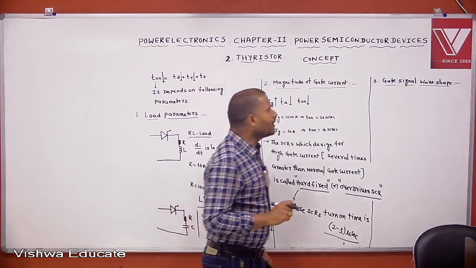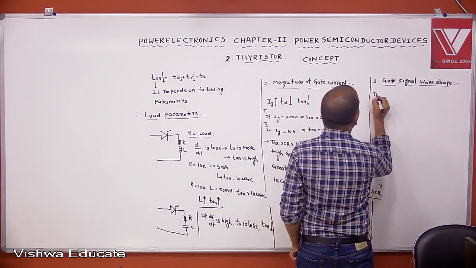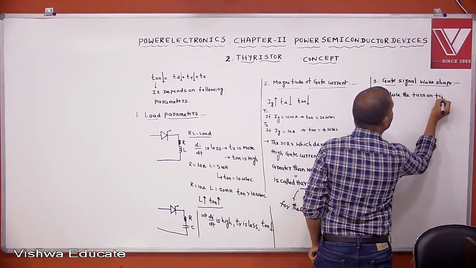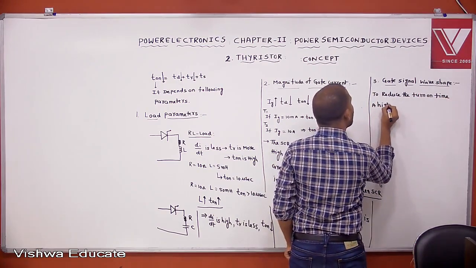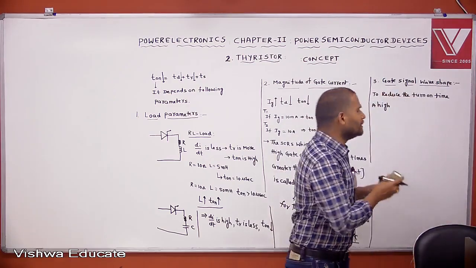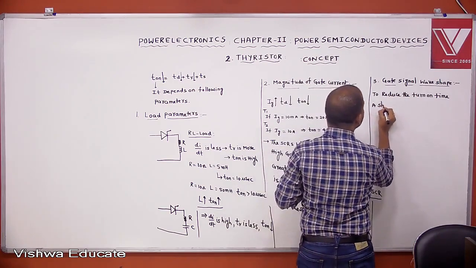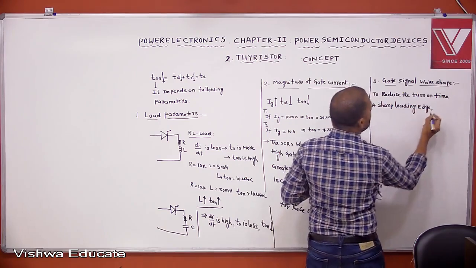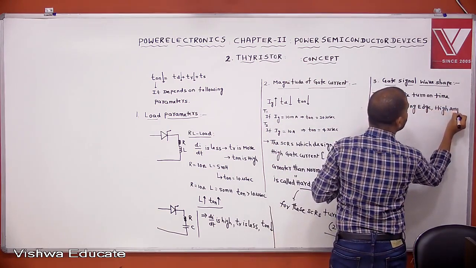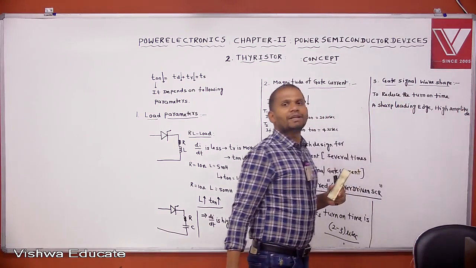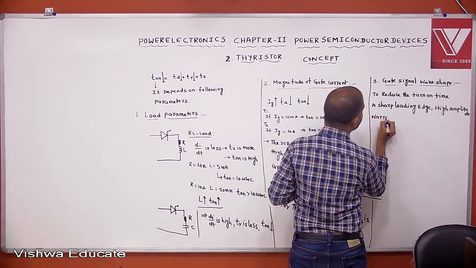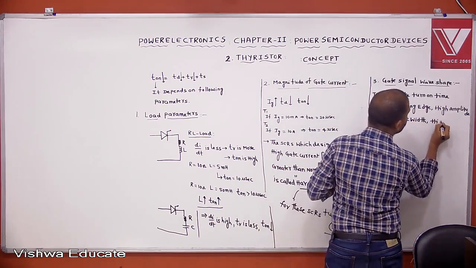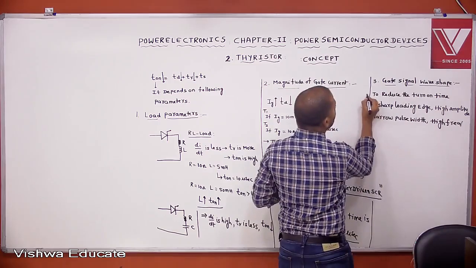The point to remember, to reduce the turn on time, we need a high amplitude, a sharp leading edge, narrow pulse width, and high frequency.